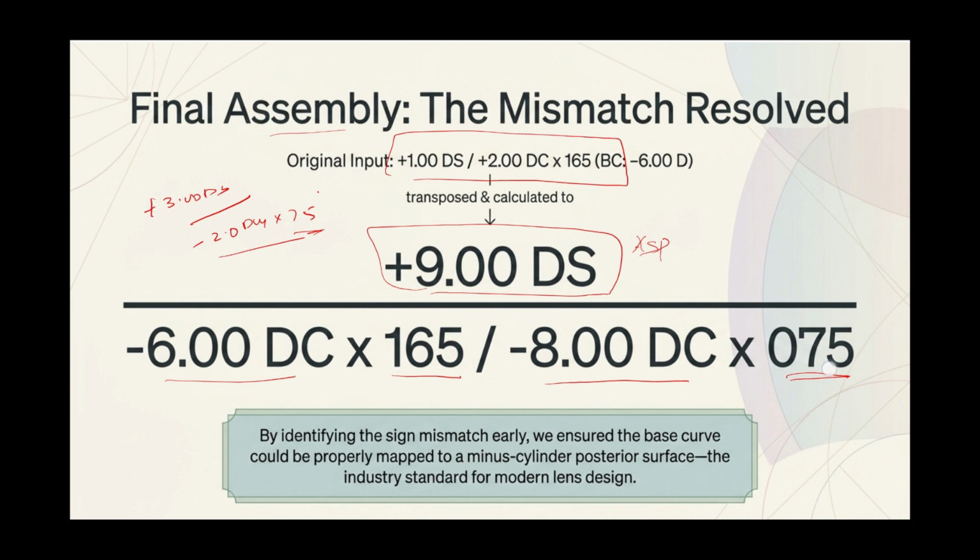Okay, don't get confused that these two are different. These two will be different because this is not the target, this is the new target which we have got after simple transposition. So as per our final thing, we have achieved the cross curve is of the same axis as the prescription, and the base curve is rotated by 90 degrees.